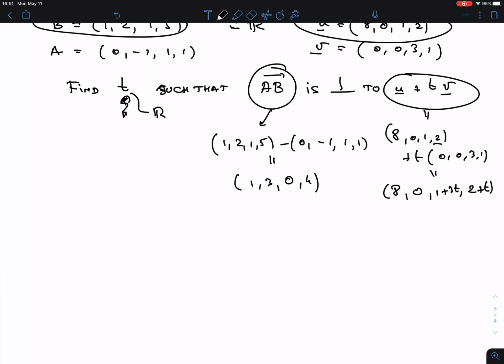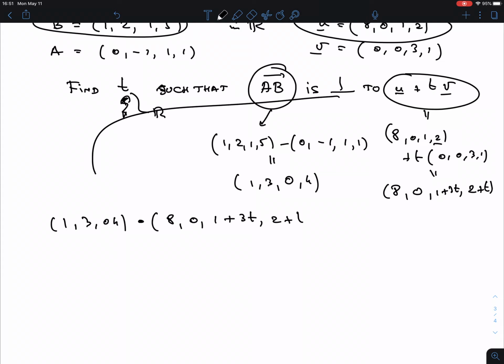Okay, so now the question, how does orthogonality mean that we have to write, the condition is that the dot product of these 2 vectors that I just calculated is 0. That is what orthogonal means.